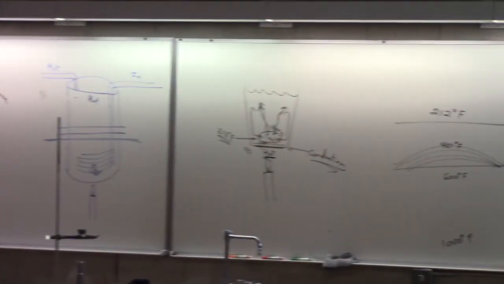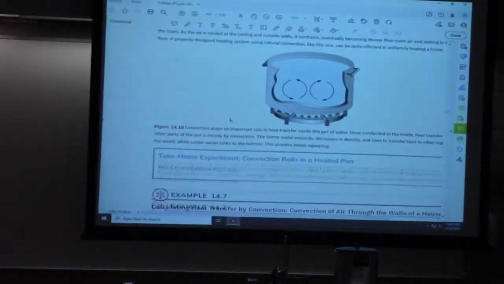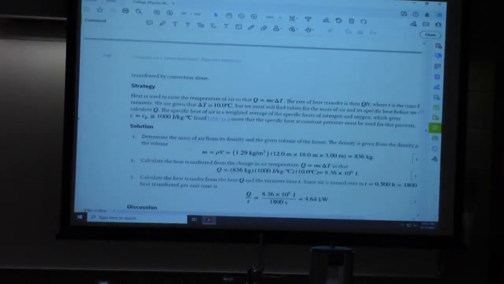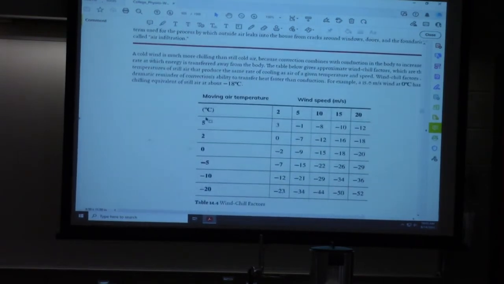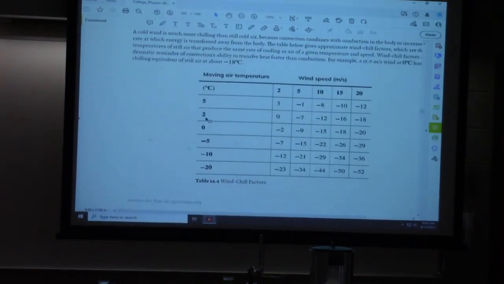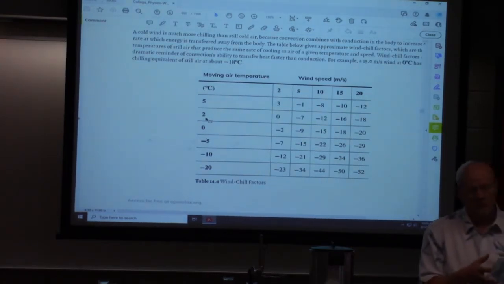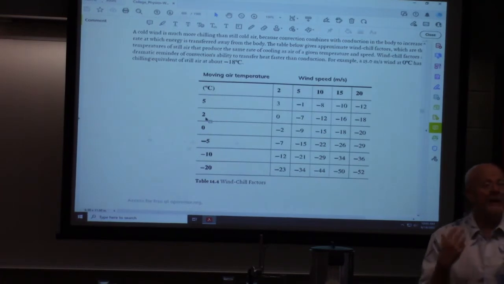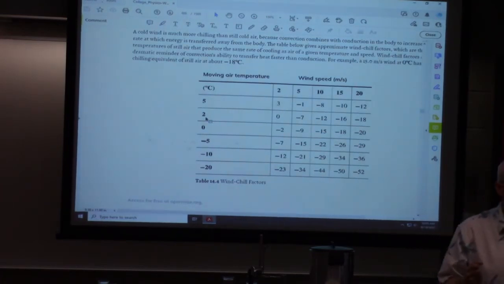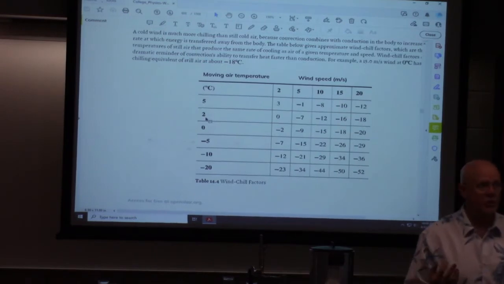Well, I better then get to something I think will be more useful to you guys, and that is the transfer rate when things are moving, and we call this a wind chill factor. And so, as you probably have experienced, if it is cold outside, of course, you're losing body heat, body energy, and it's conducting out and then warming the air around you.